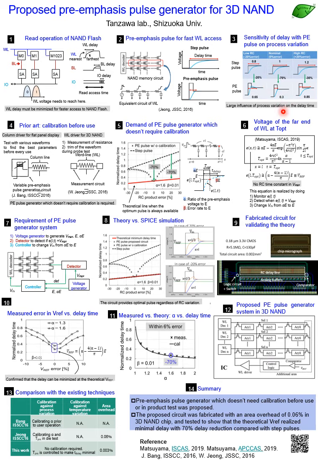In the middle is the no RC variation case, and plus 20% and minus 20% variation in the RC time constant. When you apply the step pulse to the word line, the delay time varies by the same amount as the RC time constant.